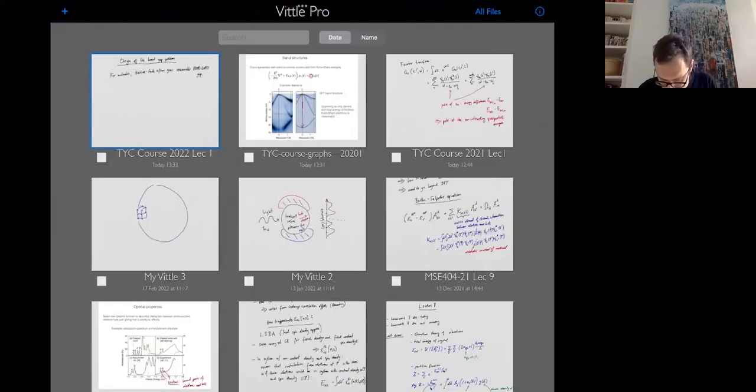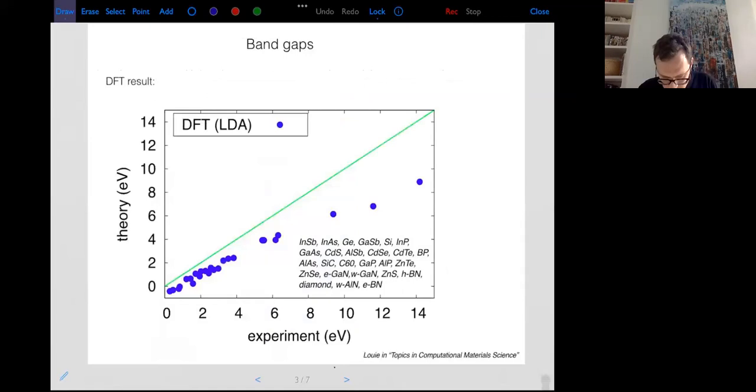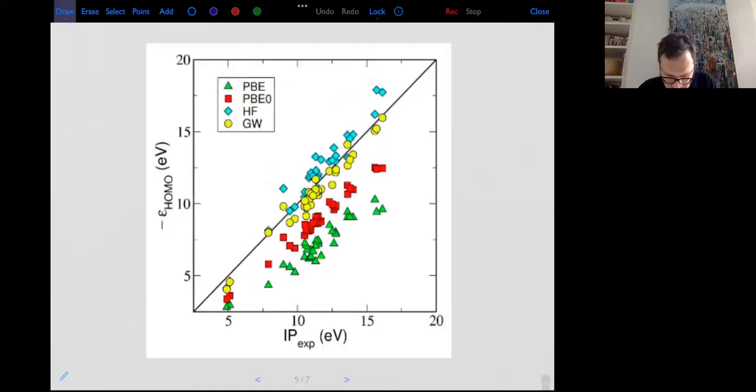So let's take a look here. Somebody has calculated, okay, these aren't HOMO-LUMO gaps, these are IPs.